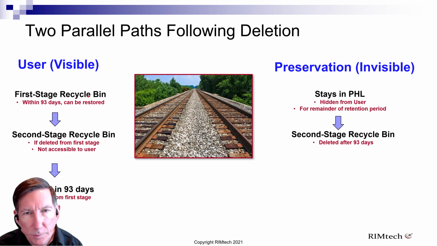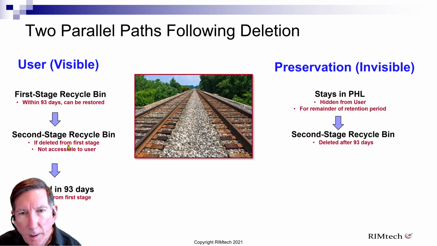So if the user deletes it, it ends up instantly in the recycle bin. And it stays there for 93 days. And then it gets deleted, okay? But what if they go into that recycle bin, which they can get into, and delete it from there? They've deleted the evidence of what they did, right?